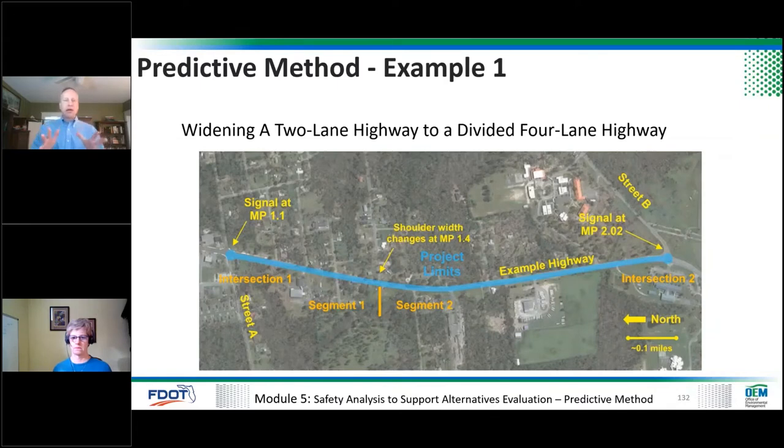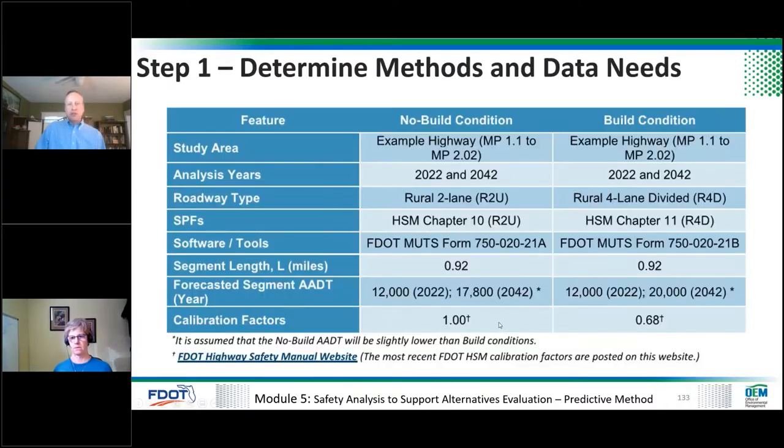So in this example, we have a 2-lane highway that is proposed to be widened to a divided 4-lane highway. There are a lot of traffic demands, and so maybe traffic is the reason that this project has surfaced, and you've got this PD&E study to look at it. The first thing you want to do is size up how we are going to tackle this project.